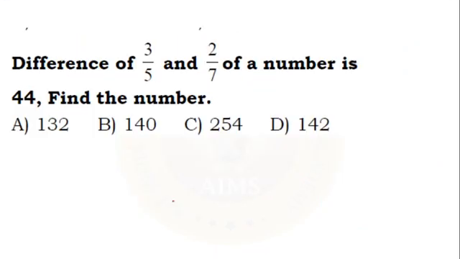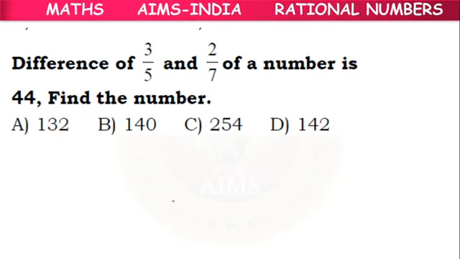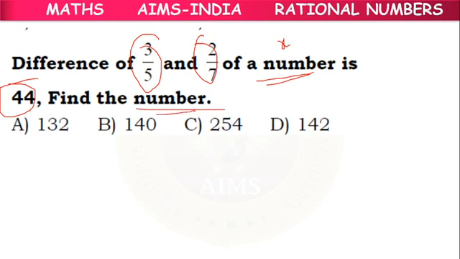Okay, children. Next. Difference of 3 by 5 and 2 by 7 of a number is 44. Of a number means which number? We have to take it as x. Then find the number.